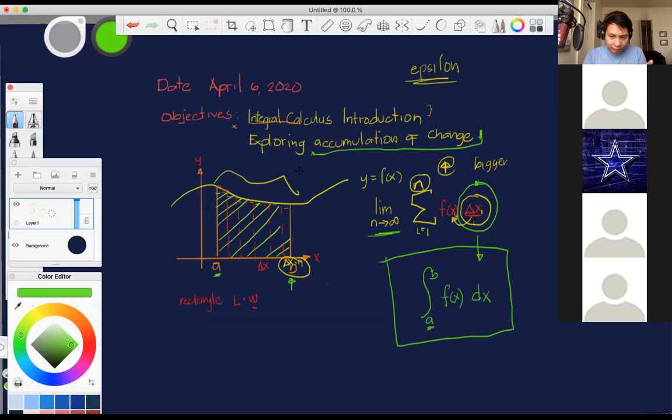When we talk about real problems that involve integral calculus, we're normally looking for rates of change. We could solve volumes where it doesn't have a constant rate, where it doesn't have a constant flow.